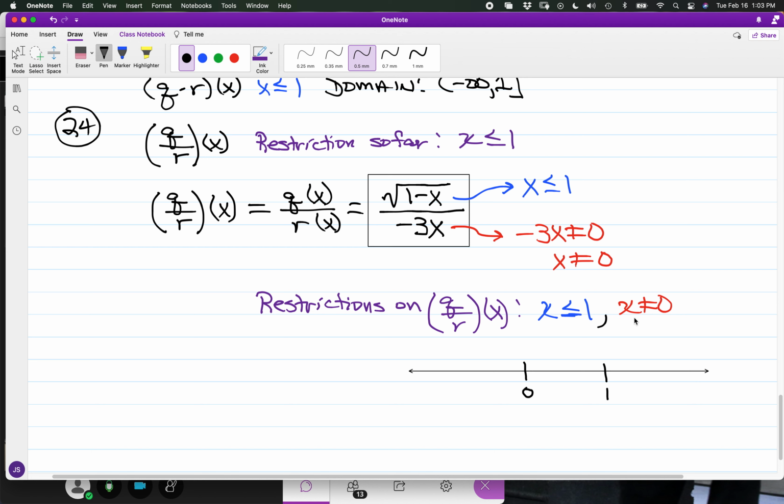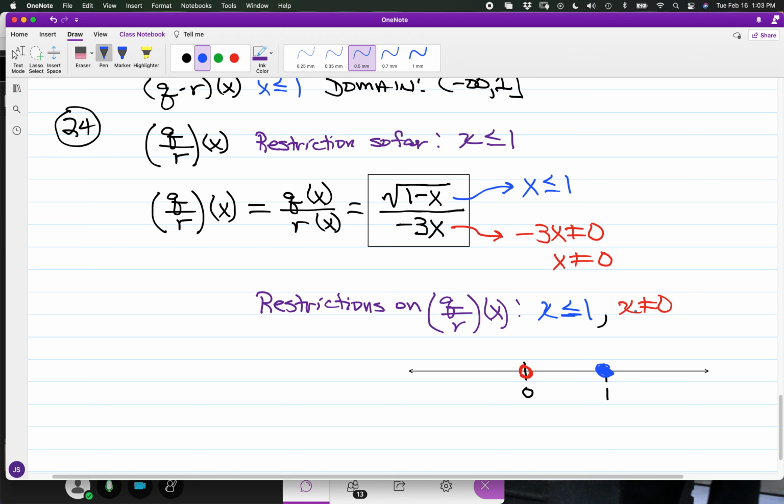We have x cannot be equal to 0, so for visual purposes you're going to have a hole at 0. Now we have x less than or equal to 1, so 1 is going to be included.